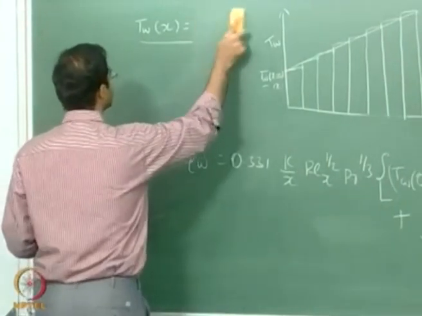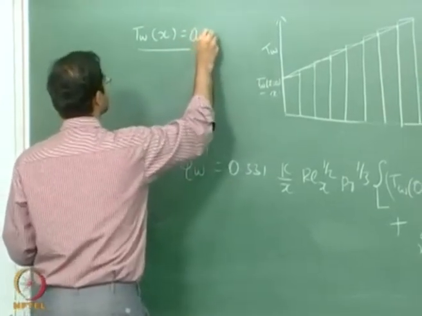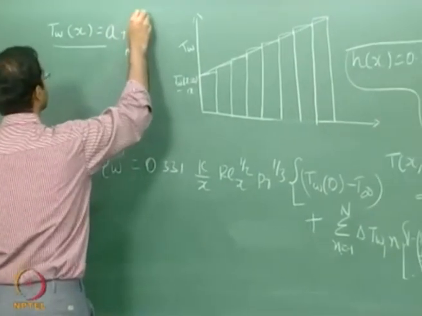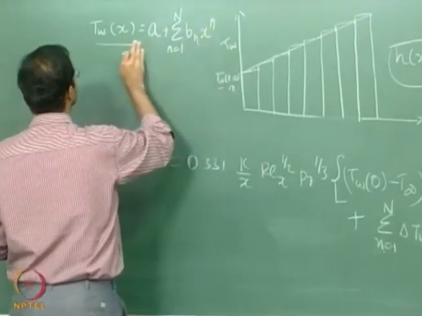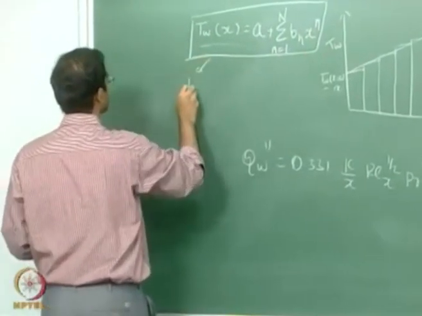Instead of using an A plus Bx relationship, we can write this as A plus summation n equal to 1 to capital N of B n x power n. This is a power series expansion.